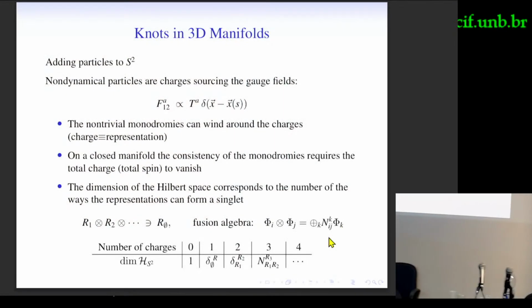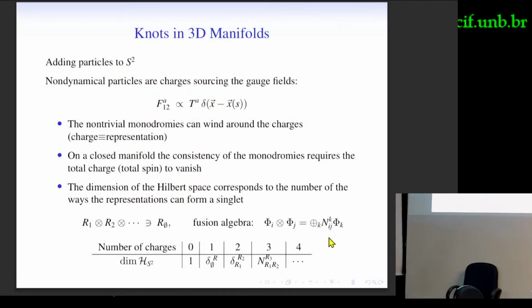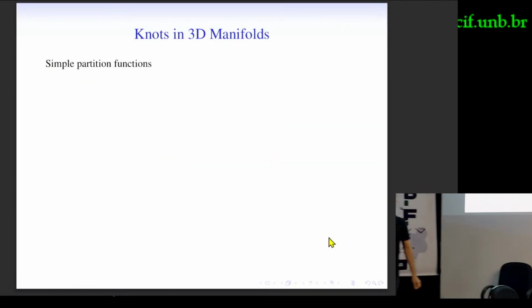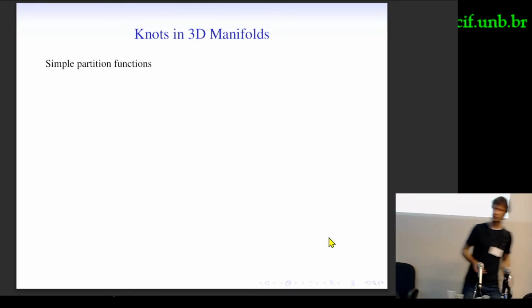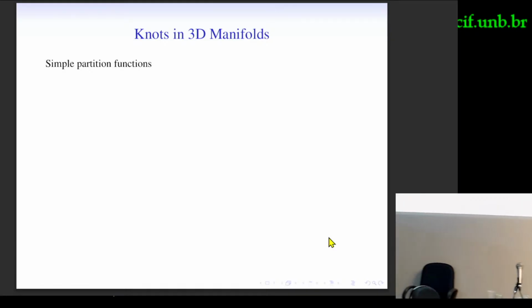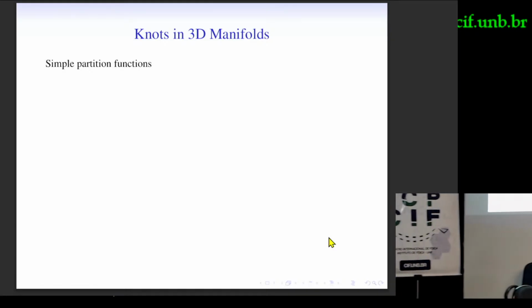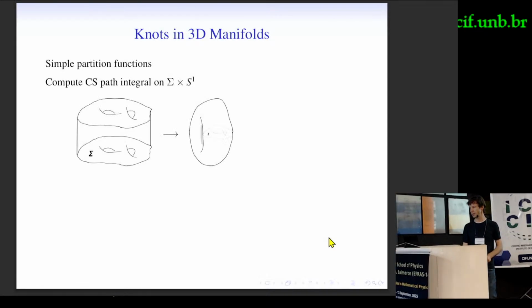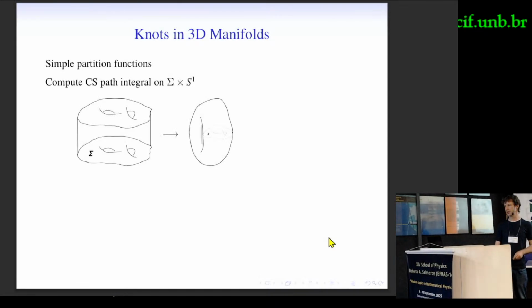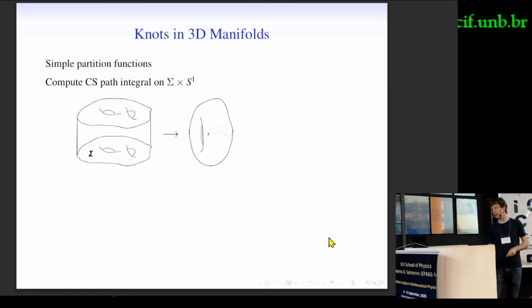So you can continue this table. And next I would like to just mention how you use this to compute the simple partition functions of Chern-Simons theory. So you want, let's say, to compute the partition function or path integral of Chern-Simons theory on this manifold, sigma times S1.